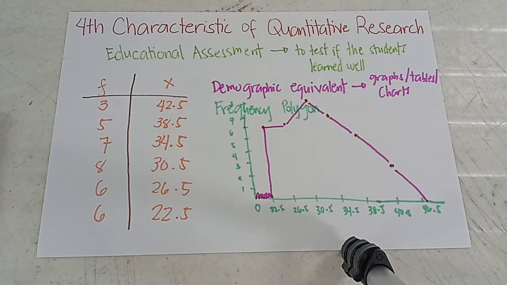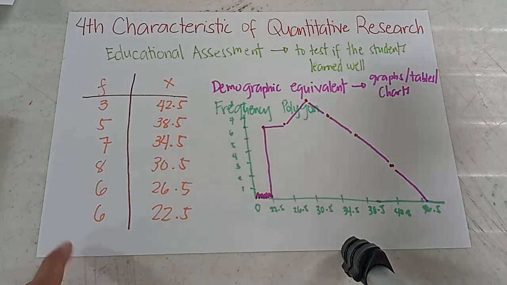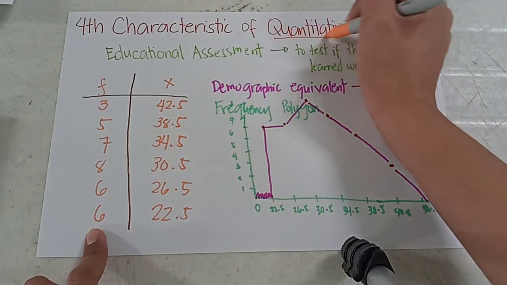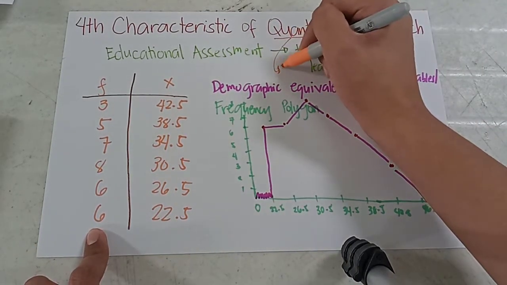With this example presented, what is the fourth characteristic of quantitative research? Let us have the discussion. Remember that quantitative research makes use of quantities, from its root word quantity.